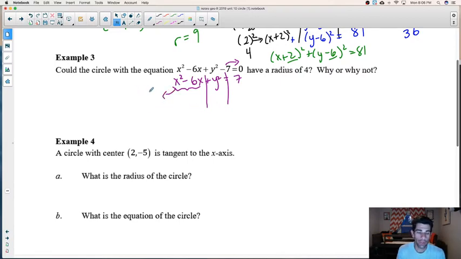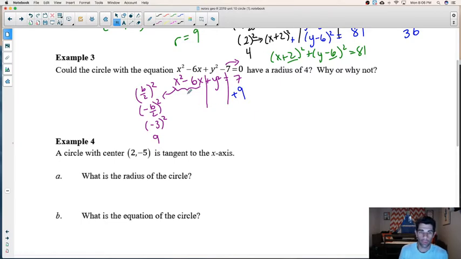Now we're going to go over here. We're going to create a trinomial so I can put it in this form up here. So I'm going to do b divided by 2 squared, negative 6 divided by 2 squared, negative 3 squared, and 9. Now remember, this last value gets added to both sides. And like I said before, I'm going to try to shorten this up a little bit. So I'm going to add 9.